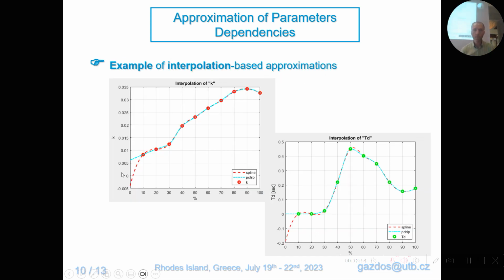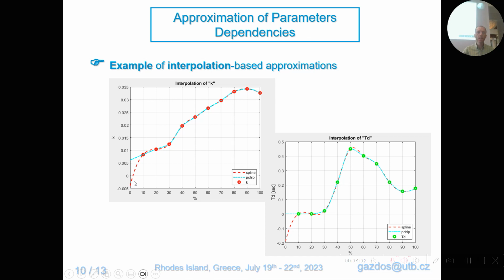There are some examples of approximation of the variation of the coefficients. For example, again for the gain k, the blue one is the pchip, and the red dotted is the spline.